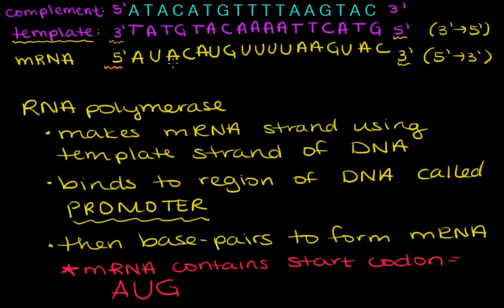That's not the start codon. The next one would be UAC. That's not the start codon. So we move to the next one, ACA. That is not the start codon. And we continue doing this until we find it. CAU is not the start codon. But here, look, AUG. This is the start codon. So that's going to be very important for the next step of translation.